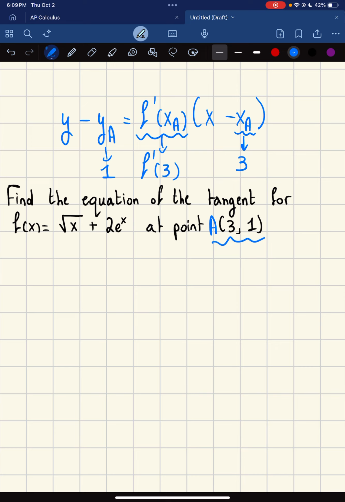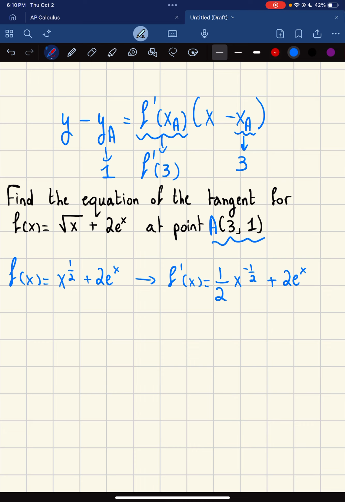So we're going to find the derivative of the following function f of x. Now, I know that f of x can be seen as x to the power of half plus 2e to the power of x. Therefore, f prime of x is going to be half x to the power of minus half plus 2e to the power of x.